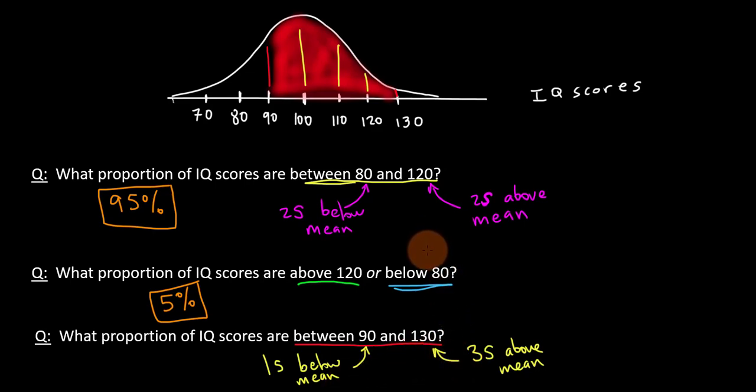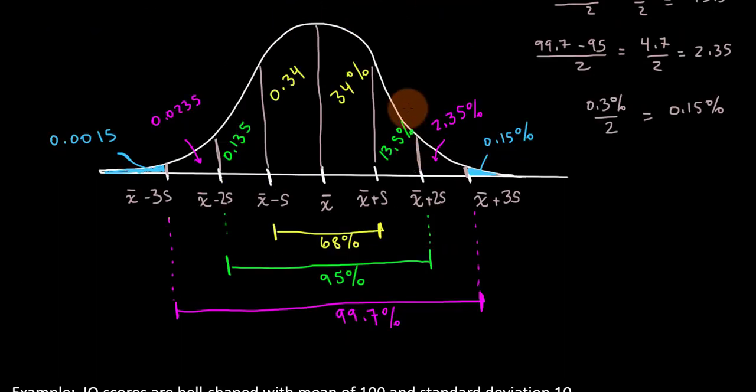Now, I can be a little more slick about this because I do know that from 90 to 110, I at least know that that's 68%, right? I don't need to work too hard. I'm going to take that 68% and I'm going to add these next 2 wedges. And I'm just going to verify that those next 2 wedges are 13.5 and 2.35.